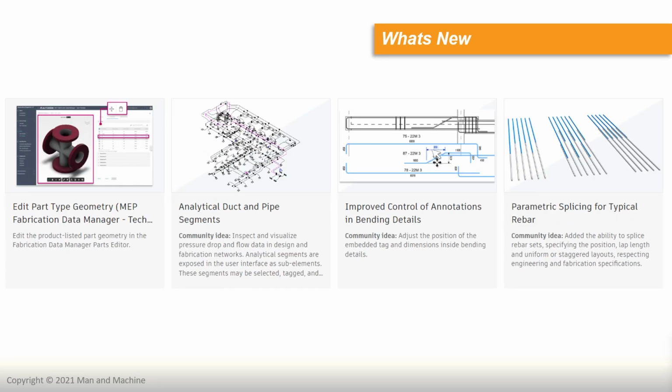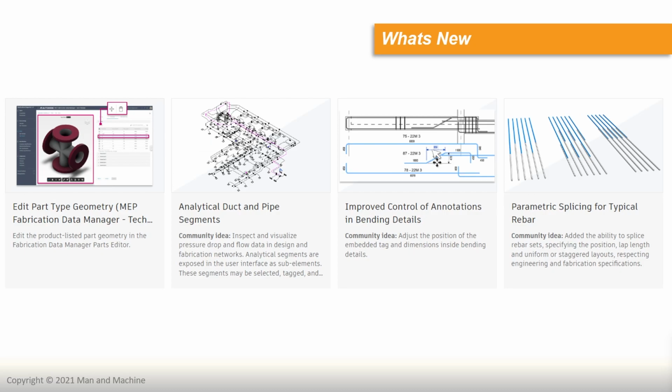And on the final page of the main new updates off the Autodesk website, edit part types geometry for MEP fabrication data manager. If you're using that, again, it's well worth taking a look at that. Analytical duct and pipe segments.